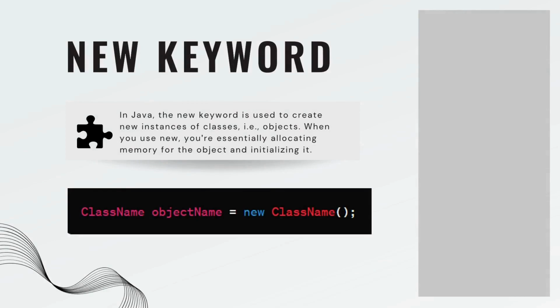Before jumping into a practical demonstration, we'll quickly talk about the new keyword, which is used in Java for creating objects. When you use new keyword, you're essentially allocating memory for the object and initializing it. Now without further ado, let's try all of this in IntelliJ.